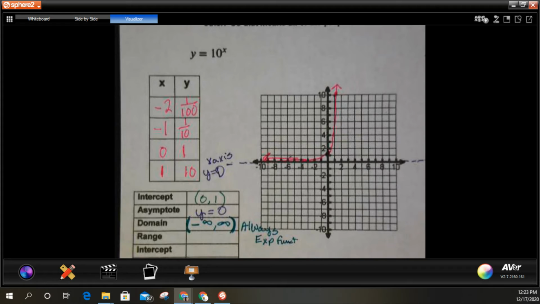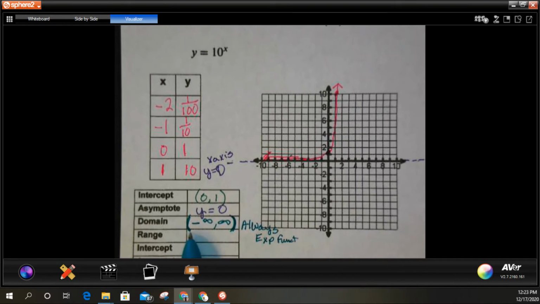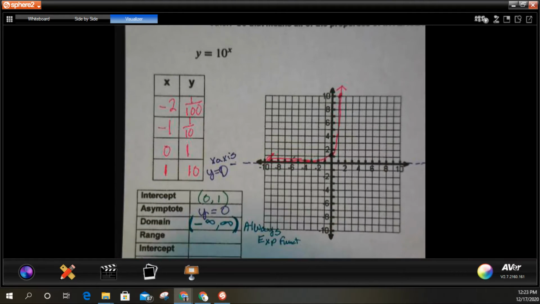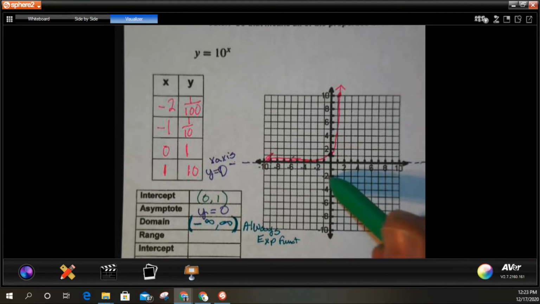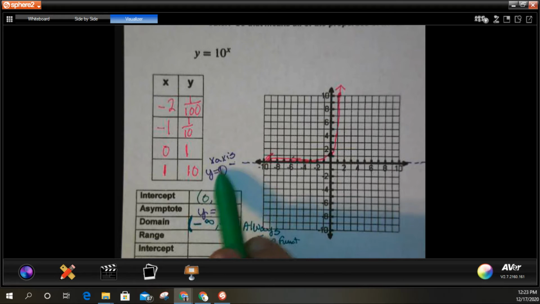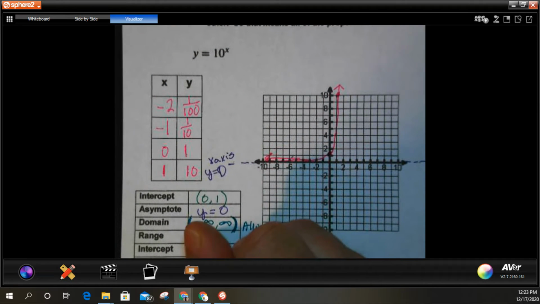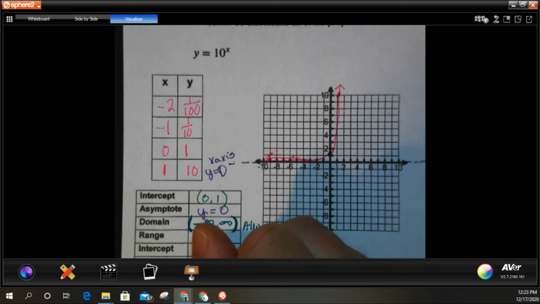Okay, the range changed for exponential functions. My smallest y value here tries to get to y equals 0, doesn't quite hit it, so we use parentheses.